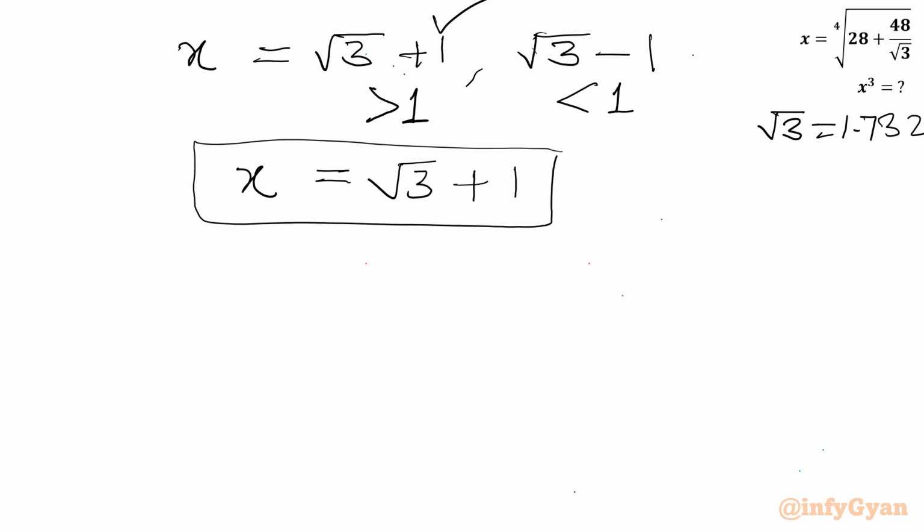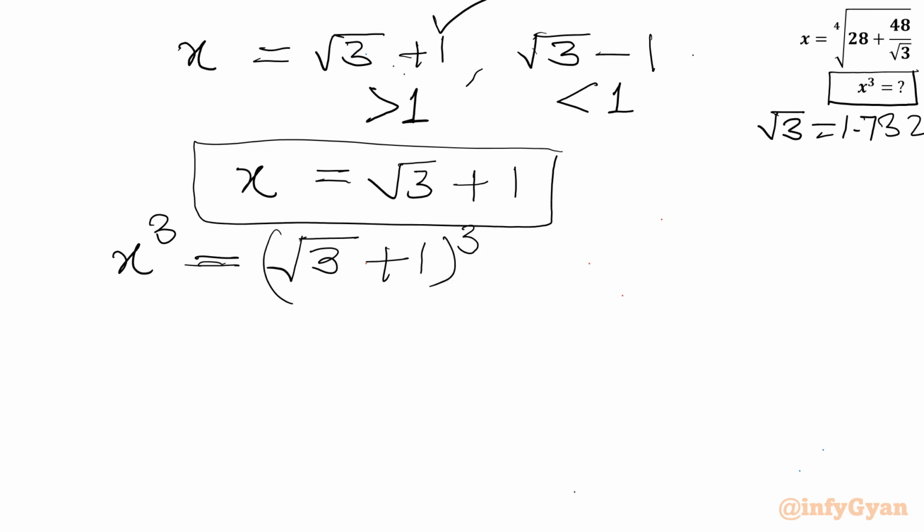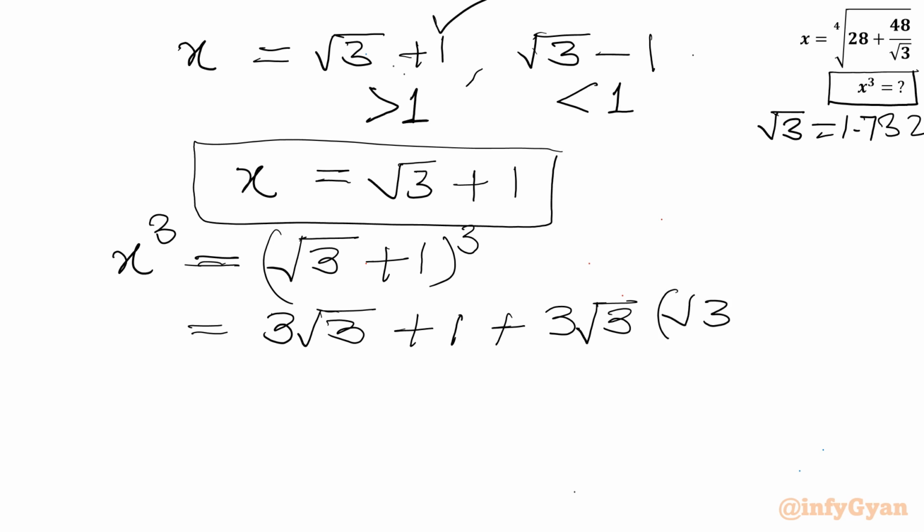Now we have to find out x cube. Let us consider the cube, equal to root 3 plus 1 whole cube. So a cube, root 3 times root 3 times root 3, 3 root 3, plus b cube 1, plus 3ab, so 3 times root 3 times 1, so 3 root 3, in bracket root 3 plus 1.